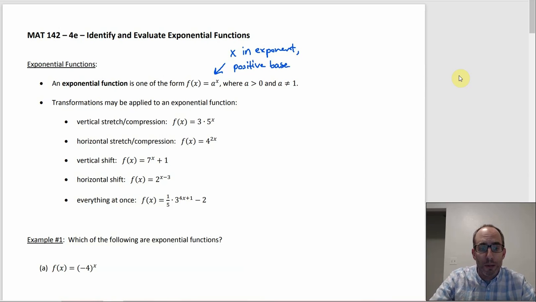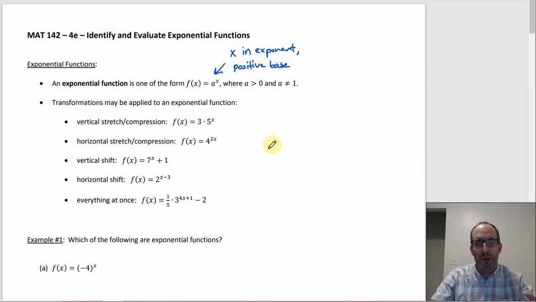You can apply transformations to exponential functions. Just like when these came up before, it's the same ones, realistically. You can have the stretches and compressions and the shifts and the reflections. Although the reflections you don't really see as often, but you can have them, so I didn't put that in here.